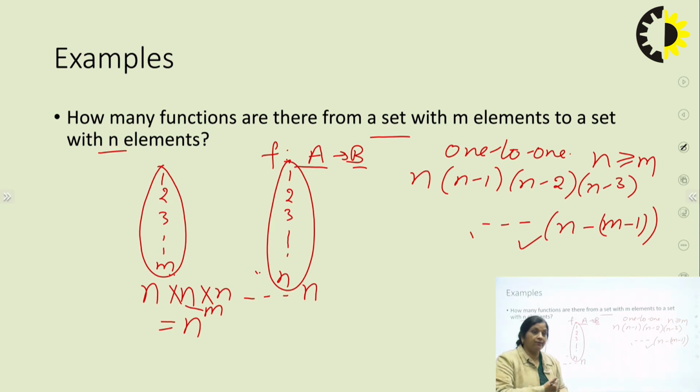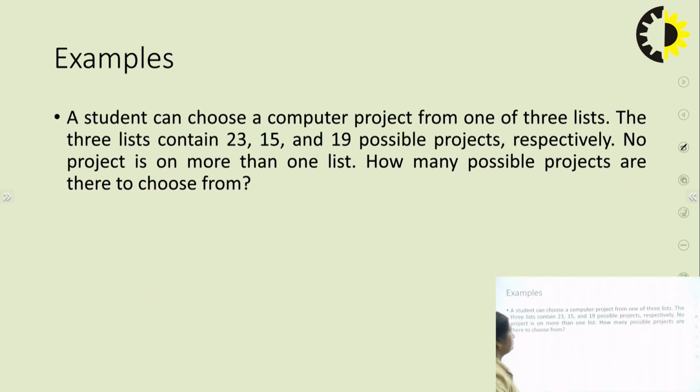Okay, so this way we can count the number of possible functions. Yes, basic counting we are doing using the principles of product rule and sum rule.